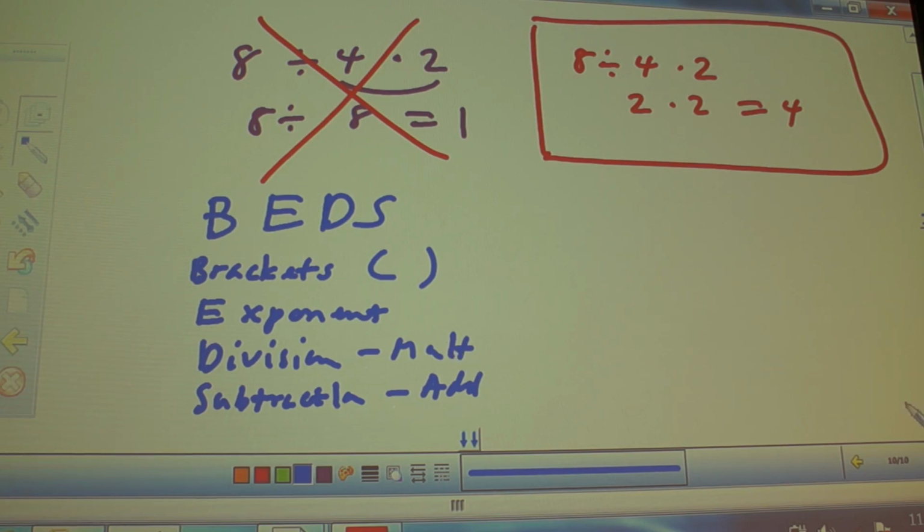Because honestly, if you did all your divisions first, and then your multiplications, you'd be fine, because multiplication you can do in any order. So you're always fine doing your divisions first before your multiplications, and you're always fine doing subtractions first before your additions, because of the commutative and associative properties that multiplication and addition have.